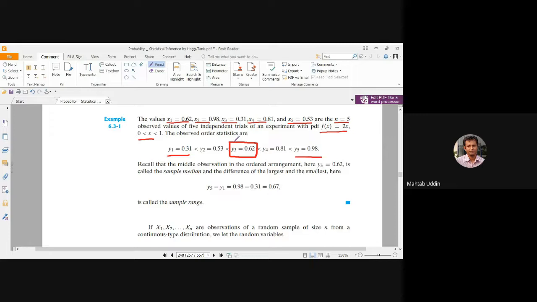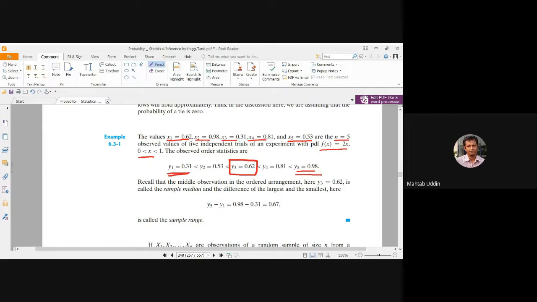You can say this in a very easy form, but if the data is not ordered, you can't. So order statistic is important. If the data is raw, you have to search for which was minimum and which was maximum. But here you can say by default the minimum is 0.31 and the maximum is 0.98. So there is no problem at all.